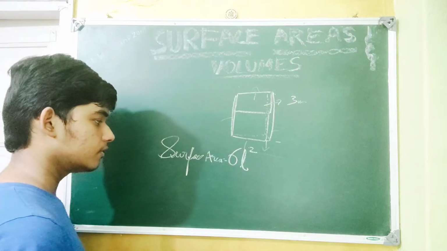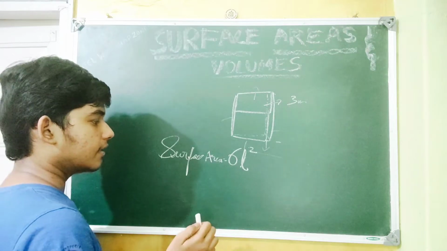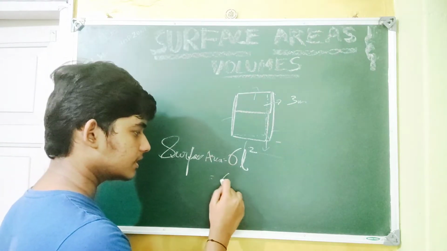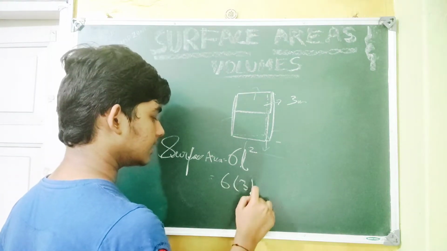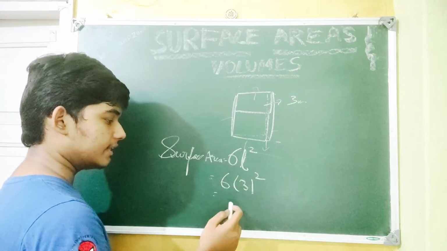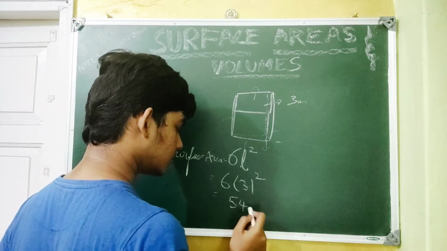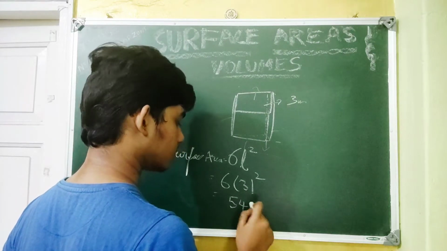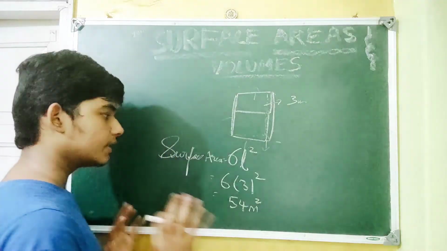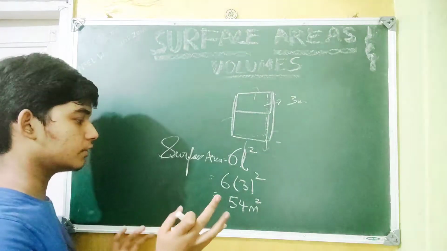Now what would you do to find out the surface area? We need to use the formula, 6L square, so 6 times 3 square. 3 nines are 27, no, 3 squared is 9, 9 times 6 is 54, so 54 meters square. So that is how you find out the surface area of a cube.